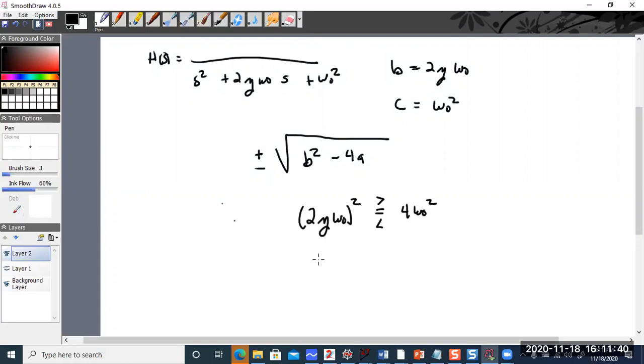So let's take zeta equal to 1, right? That's going to be 4 omega naught squared. It's going to be equal. So that's going to be 2 repeated roots.